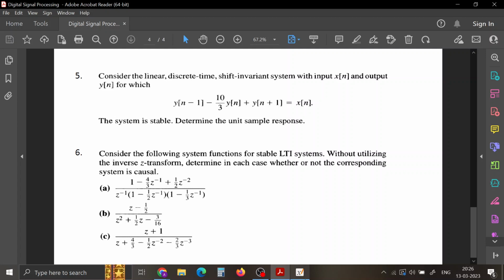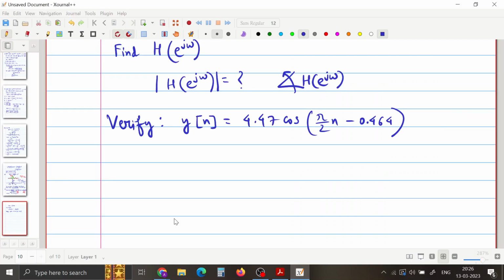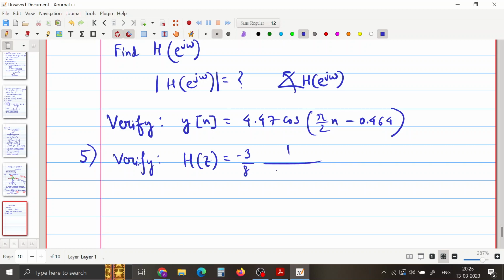In question number 5, again verify. This is what I got, plus 3/8 times 1 minus 3z^{-1}. Verify if you get the same thing or not.